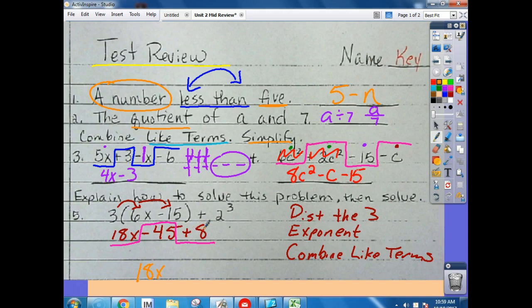I have a negative and a positive. The signs are not the same, so I'm just going to subtract their absolute values and keep the sign of the greater absolute value. The sign of my answer will be negative. 45 minus 8 will be 37. So minus 37. That's my final answer.